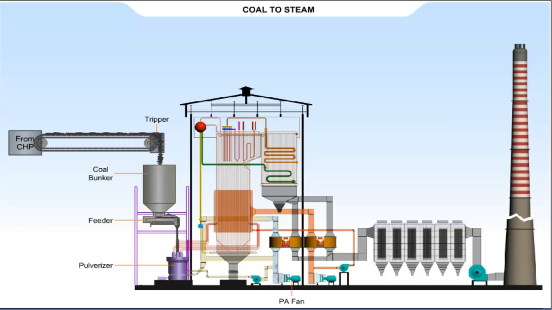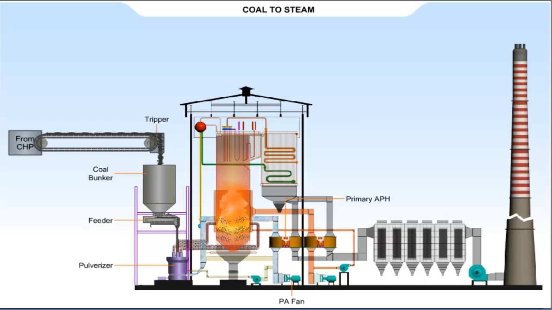Primary air fan sucks atmospheric air and supplies pressurized air to pulverizer. Prior to reaching the pulverizer, primary air is preheated in the primary air preheater by utilizing the heat of exit flue gas. The primary air dries out the surface moisture of the coal and carries the pulverized coal through coal pipes to the furnace.